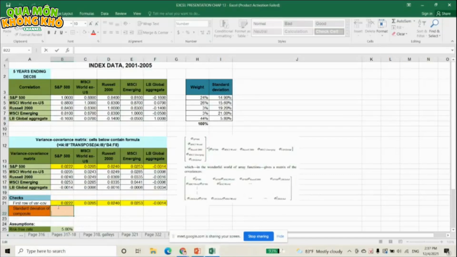In cell P22, we compute the standard deviation of the 5 index portfolio using their relative weights.